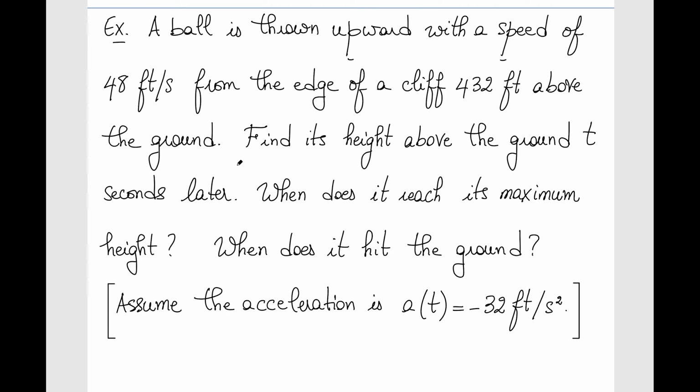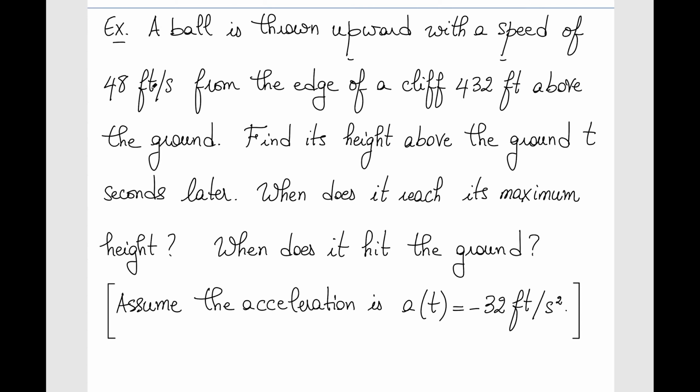So the position function in this context is a height. The treatment of this problem is very much the same as the one just finished above. We're going to integrate twice, as we did in the previous example, so we're going to pick up two constants. What type of initial conditions do we have? They told us that the speed is 48 feet per second, going upward at moment zero.